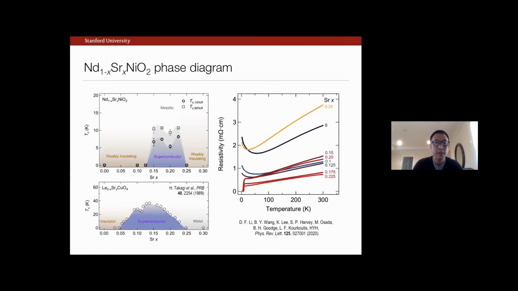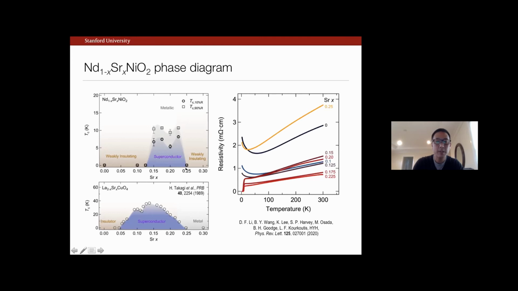Now, in terms of the phase diagram, let me say that you can, of course, dope this phase diagram, and we see a dome of superconductivity. Here I compare it with the 214 cuprates, and so it's qualitatively similar, a bit narrower.